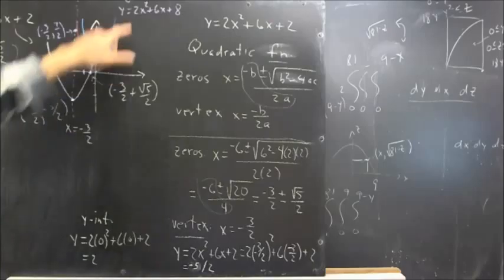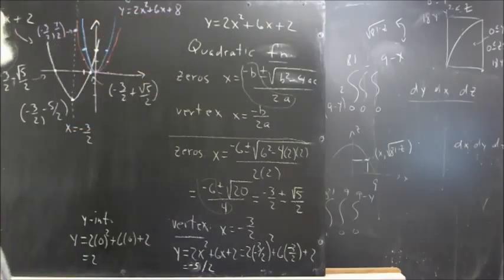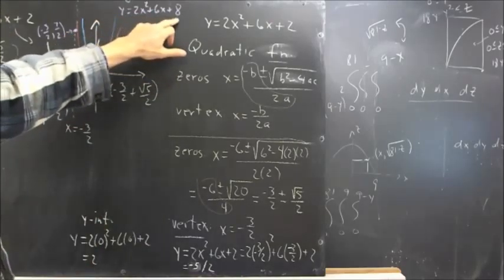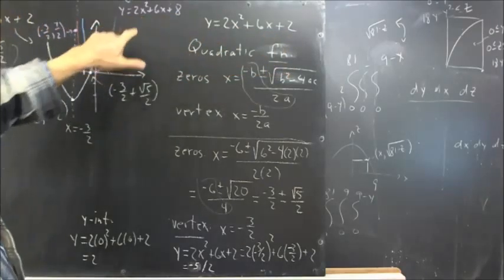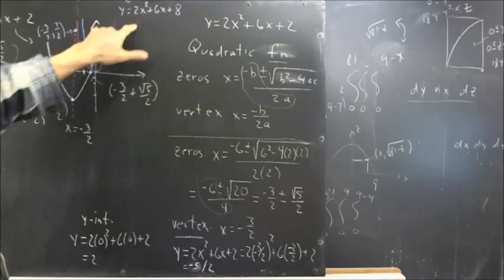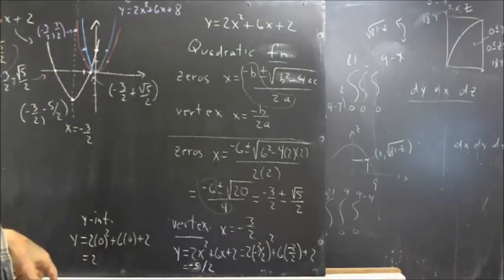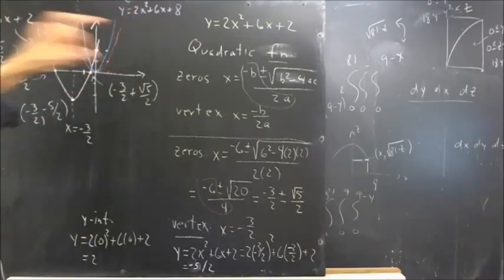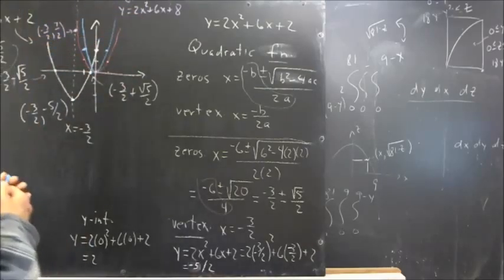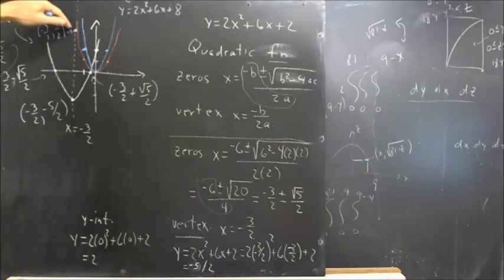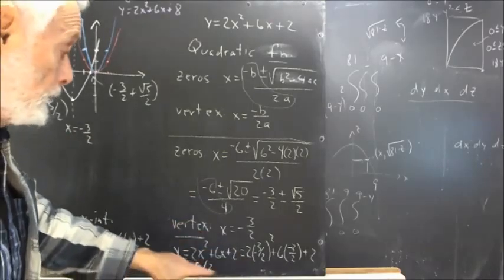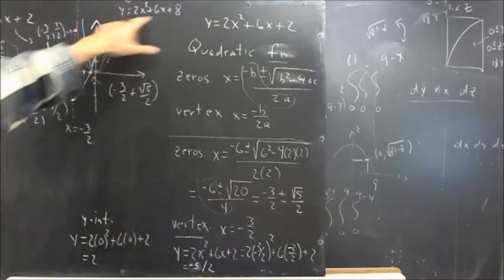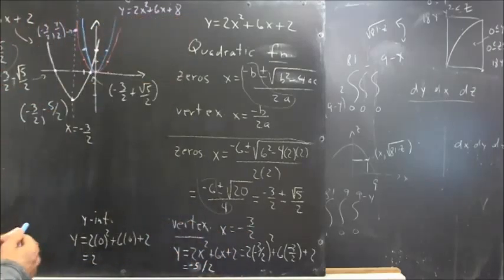Okay, this graph would have its vertex 6 units higher than this graph. The vertex would still be at negative 6 over 4, negative 3 halves. But the vertex would be at 7 halves, as you could verify by plugging x equals negative 3 halves into the expression for the function.